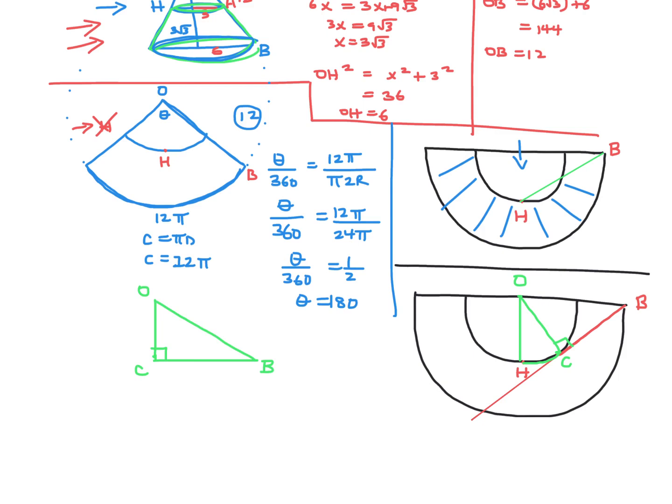O to B is 12 from here, so I know that. And O to C is sort of the distance from O to H, which would be the distance from here to here, which is 6.